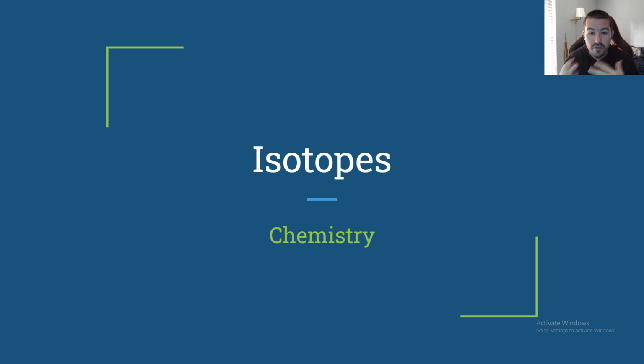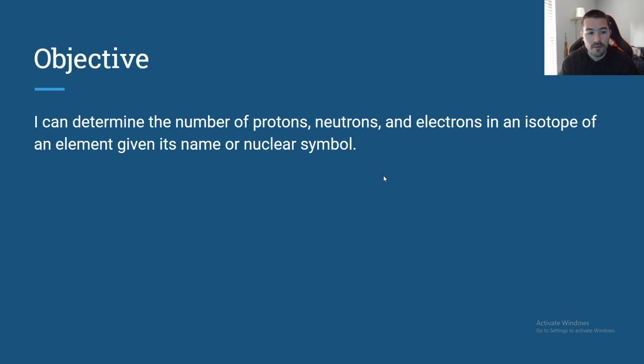So today we're going to be talking about isotopes. I'll tell you exactly what that term means, but if you're taking notes at home, this is the title for today's lesson. Okay, the objective for today, we're going to be learning how to determine the number of protons, neutrons, and electrons in an isotope of an element given its name or nuclear symbol.